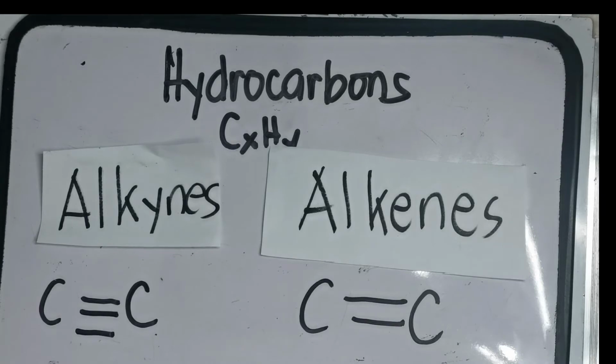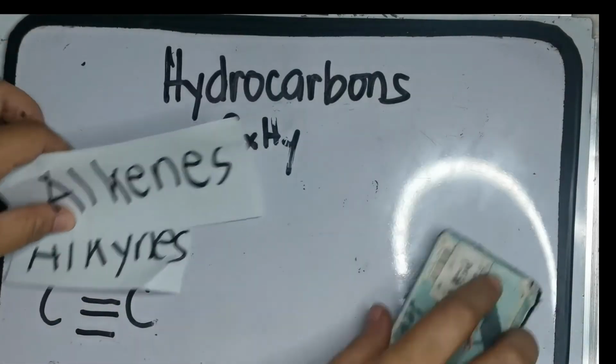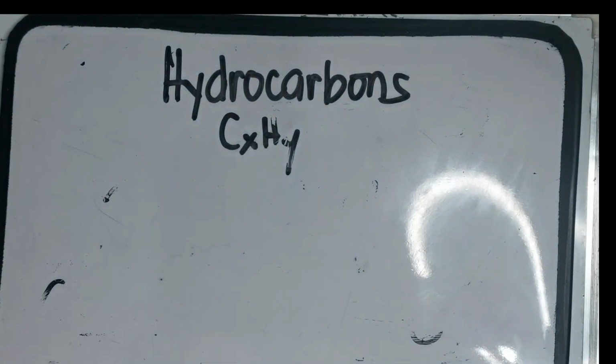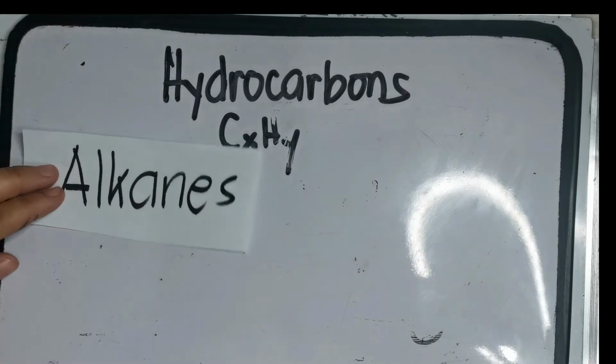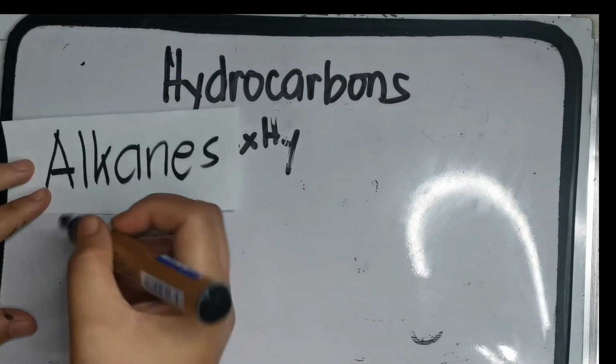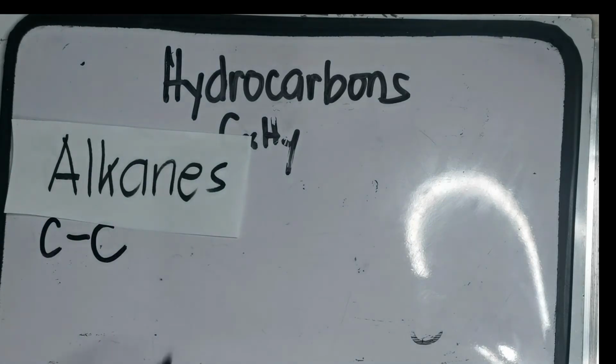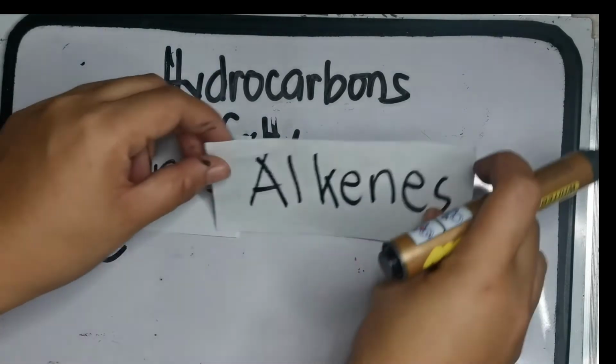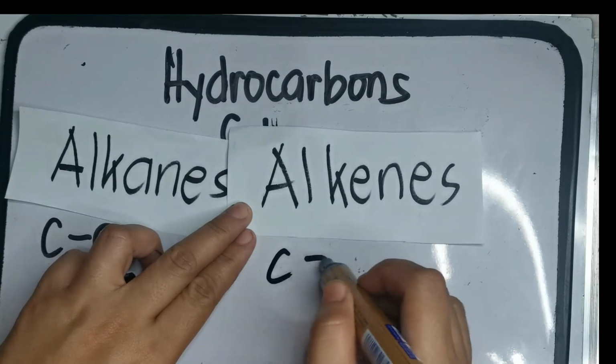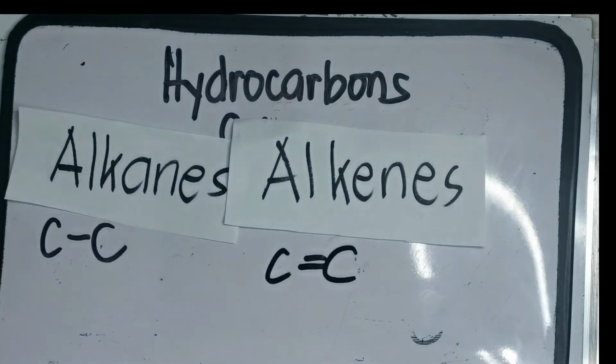So let us repeat, ha? So let us repeat para hindi malilito. So when we say alkanes, alkanes has single bond structure of a carbon. When we say alkenes, we have two bond structure of a carbon.